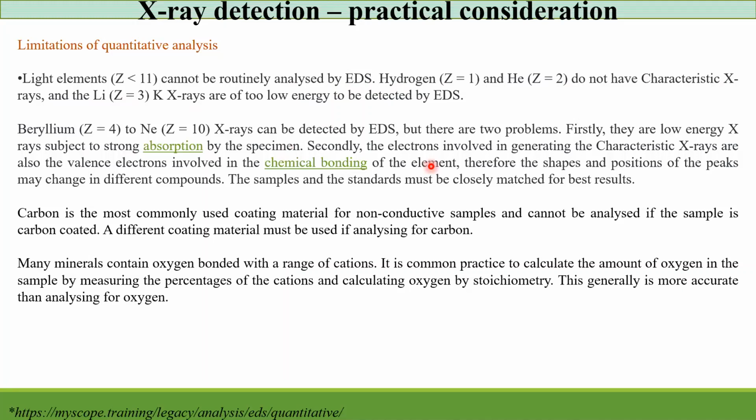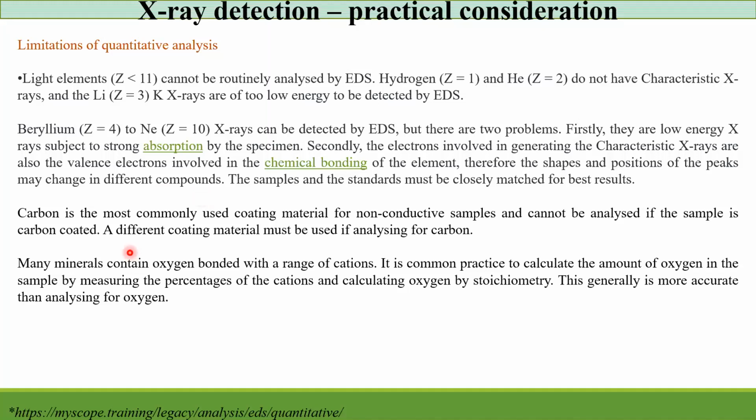Secondly, the electrons involved in generating the characteristic X-rays are also the valence electrons involved in the chemical bonding of the element. Therefore, the shapes and positions of peaks may change in different compounds. So it depends on which compounds or what type of elements it has. There are many things to be considered in terms of lighter elements.